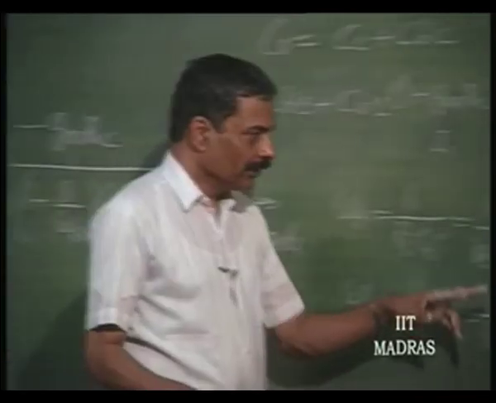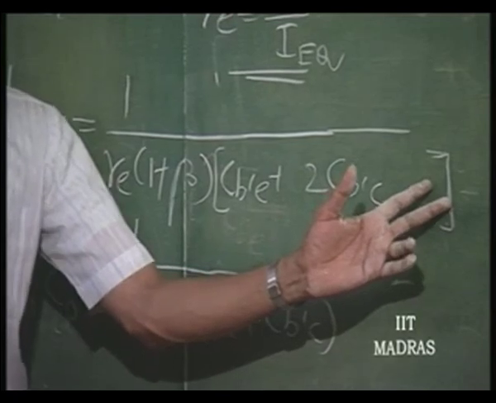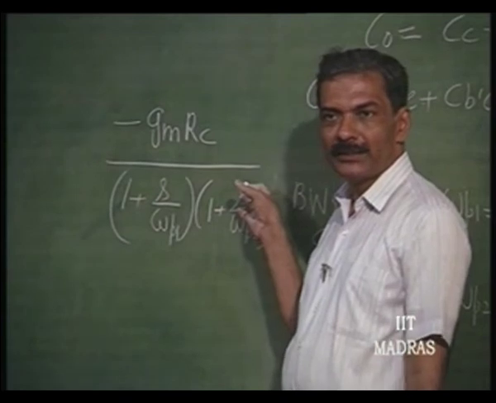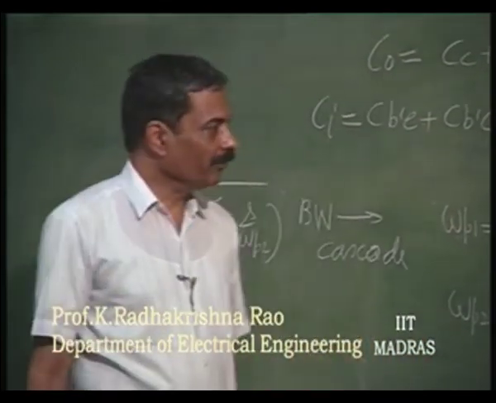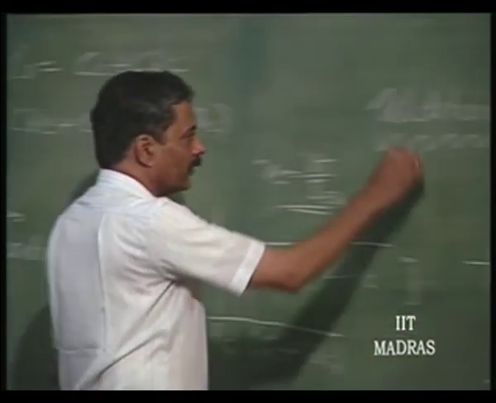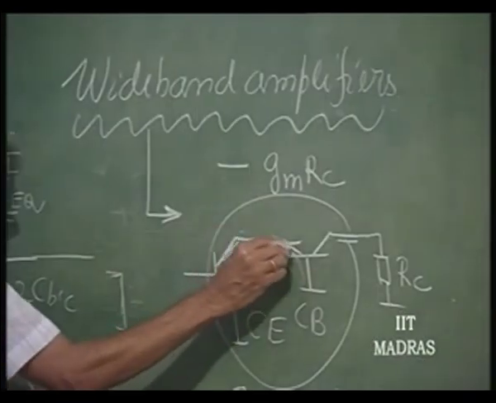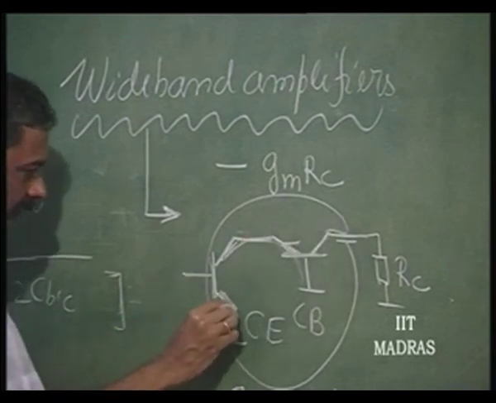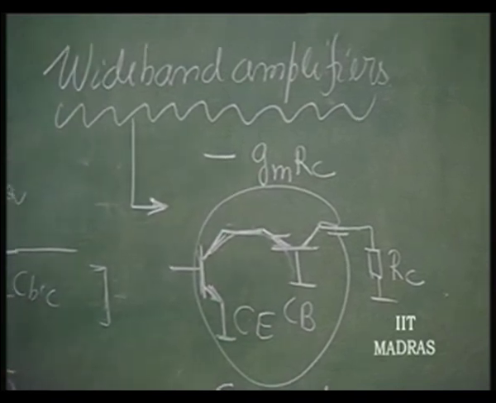Earlier of course, it was being replaced by 1 plus G M into R C. That is the complete expression for the gain. So, bandwidth is still equal to omega p1, but it has improved drastically. So, this is a wideband amplifier, a cascode structure, which is nothing but a common emitter cascaded to a common base.